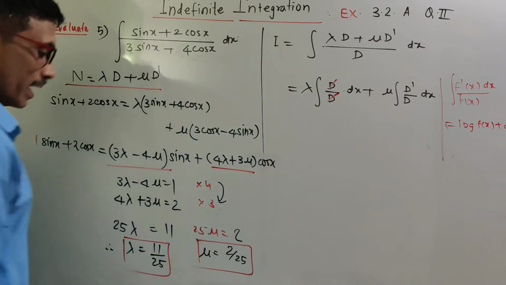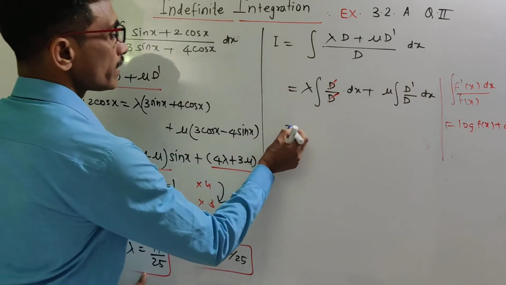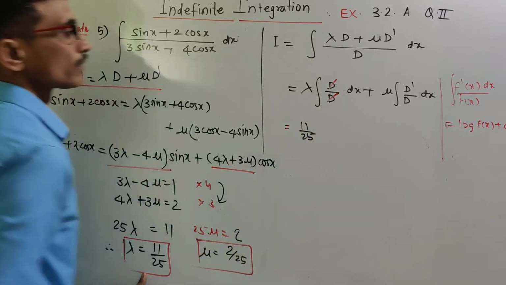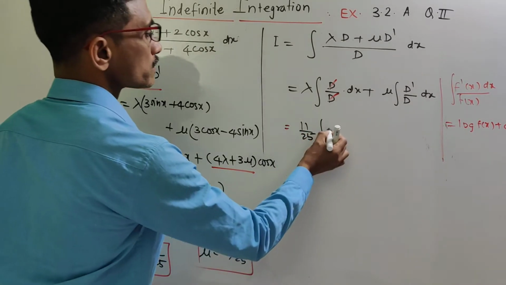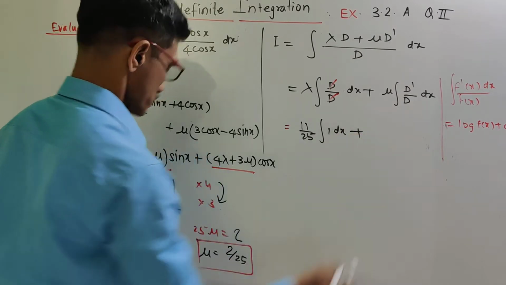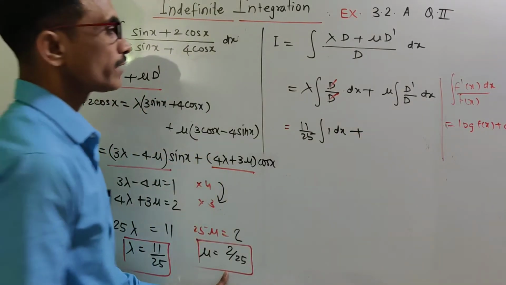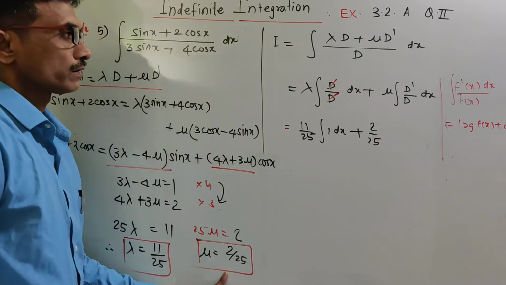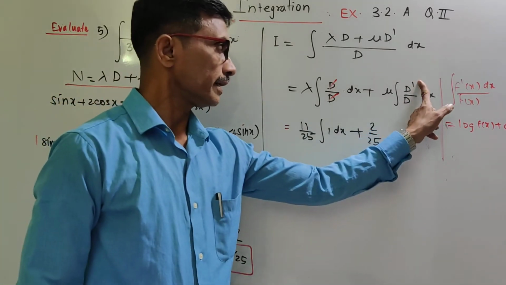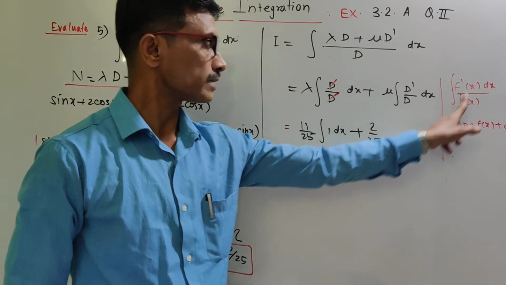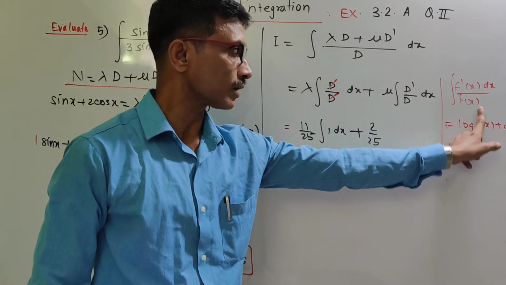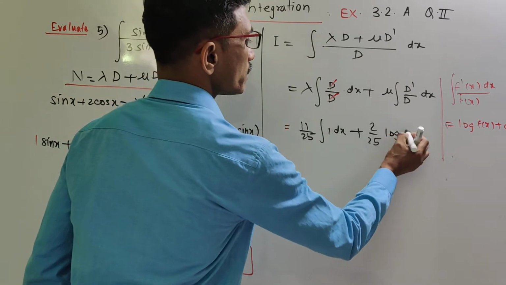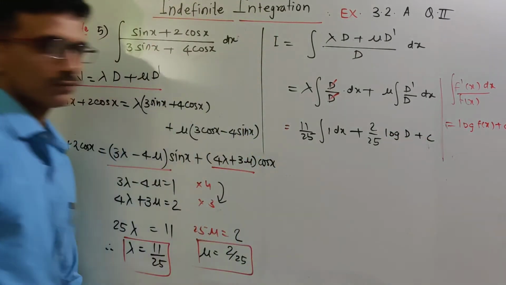The value of lambda is 11 upon 25, and integral 1 dx, plus mu is 2 upon 25, and d dash upon d into dx, that is f dash of x upon f x, which is log f x. So this will be log of d plus c.